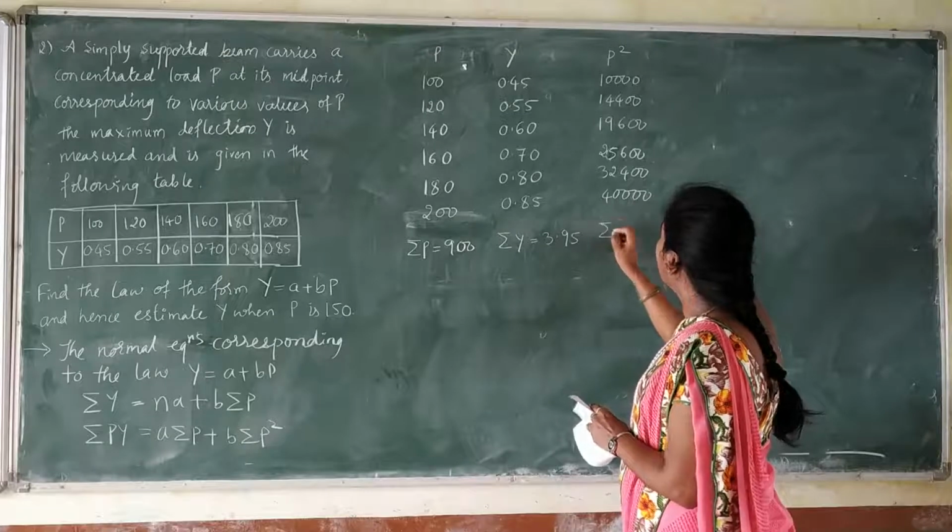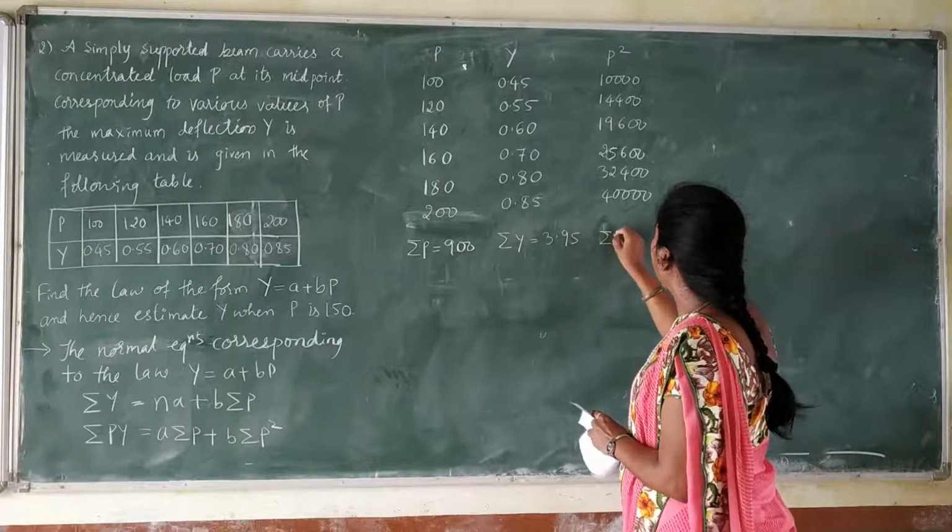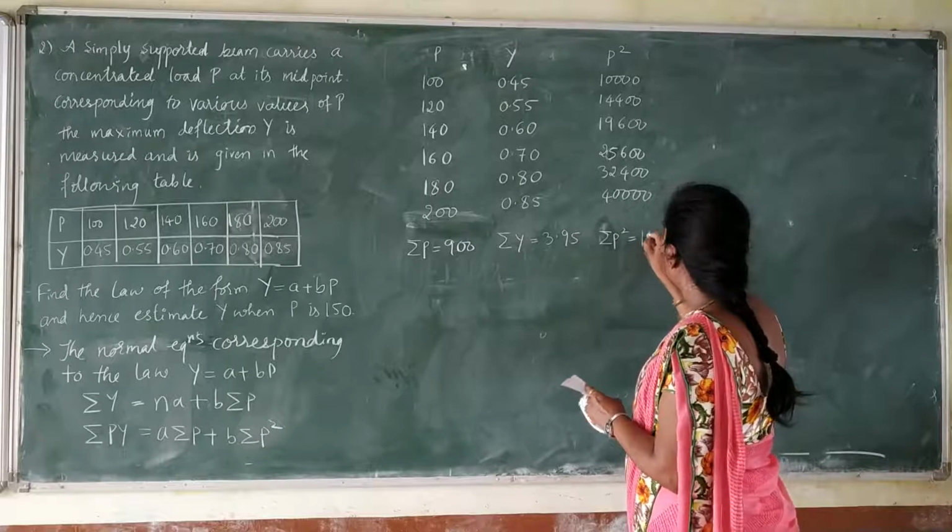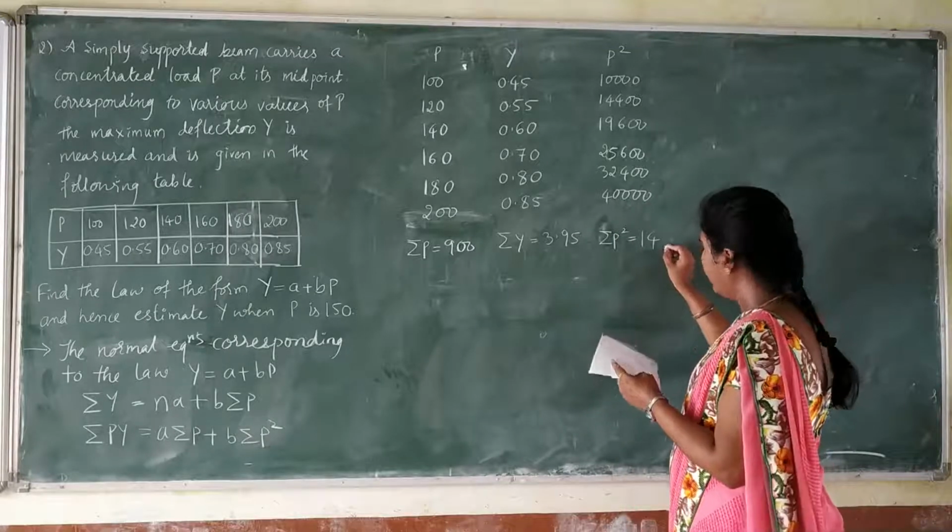The summation of P square is equal to 142,000.